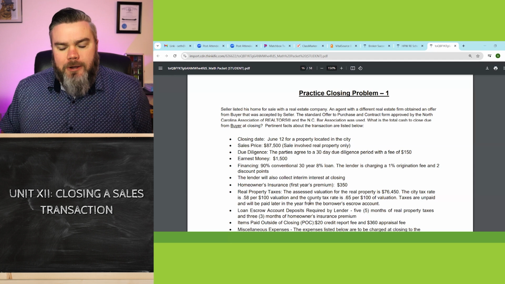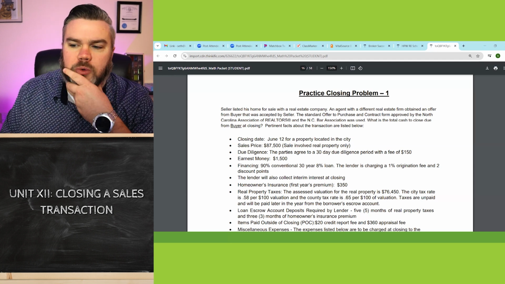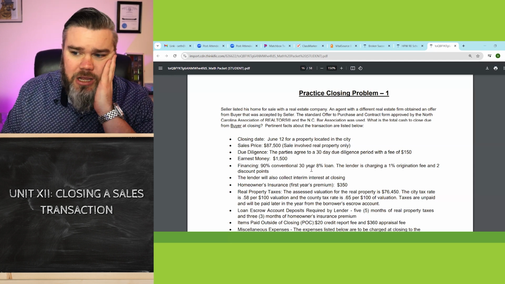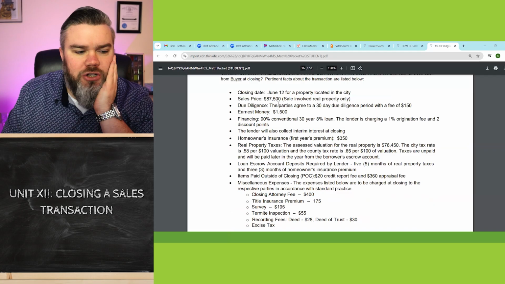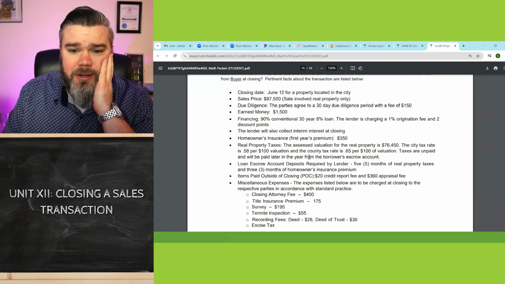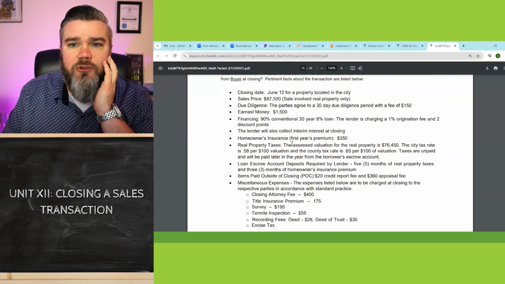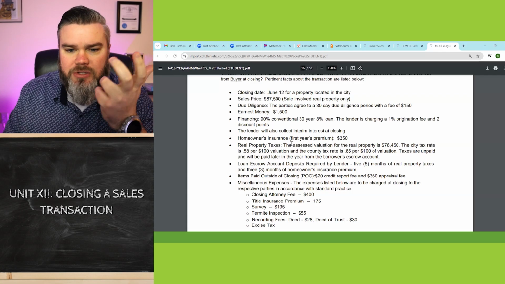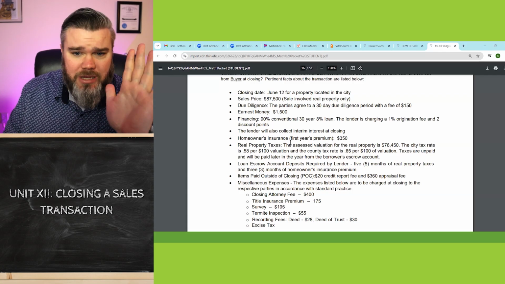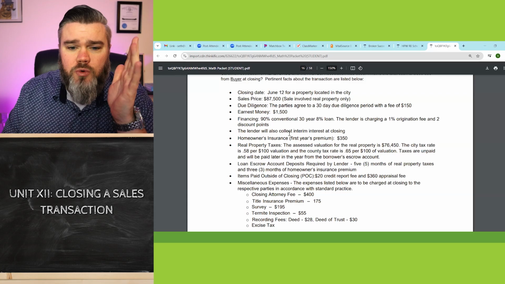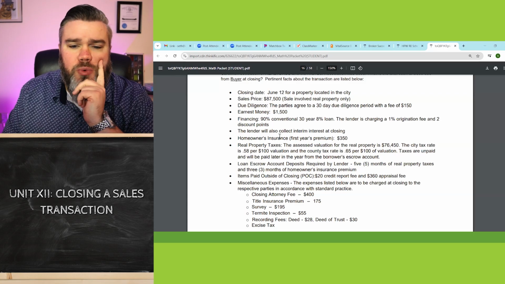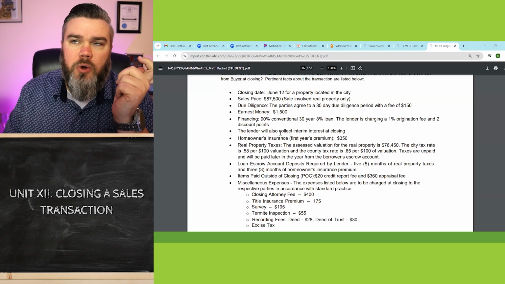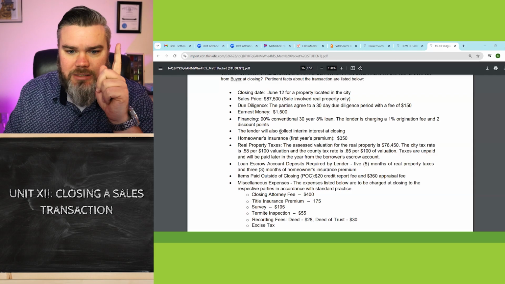But so this is what you would call a fact sheet. Okay, it's basically all the information that could be pulled from a contract, and we're going to use this information to figure out the credits and the debits for the buyer and the seller. Now, the good news is that while you can do it all simultaneously, you will only ever be answering the question about one party at a time.